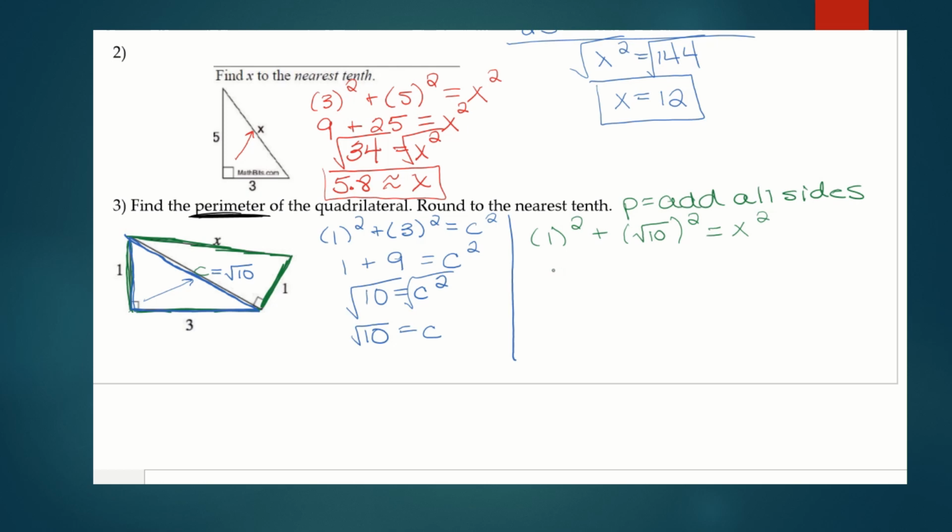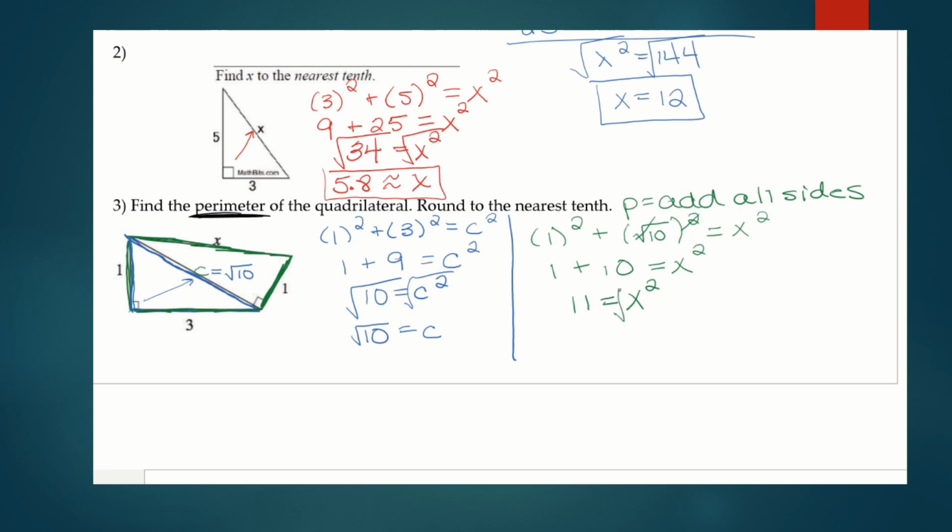So 1 squared is 1. The square root of 10 squared, this squared undoes the square root, leaving me with just 10. And that equals x squared. 1 plus 10 is 11. Again, still set equal to x squared.